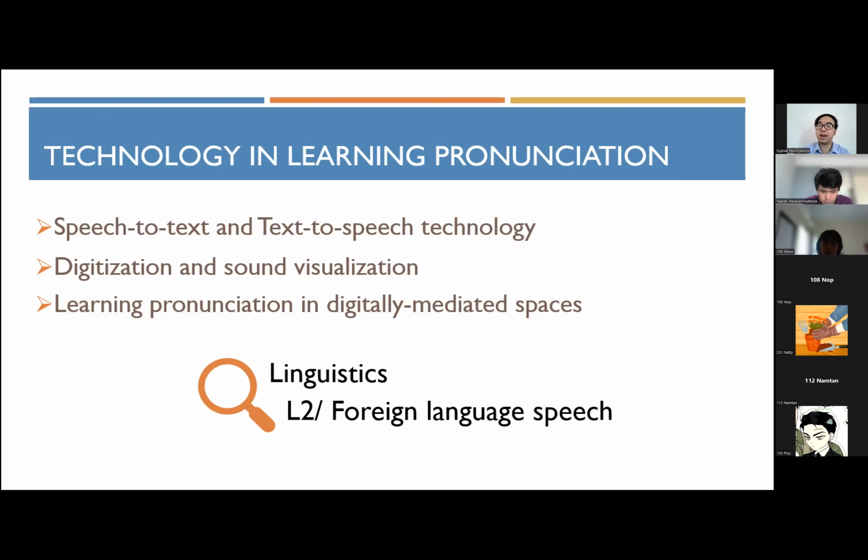Now you can see the development of your pronunciation. You can compare your visualization of the pronunciation with the data of the speaker, and you can have visual feedback by yourself, a self-feedback. So you can learn anywhere, at any time.